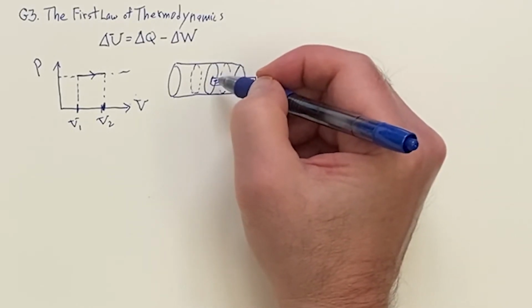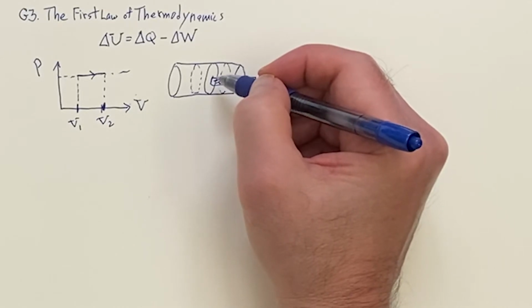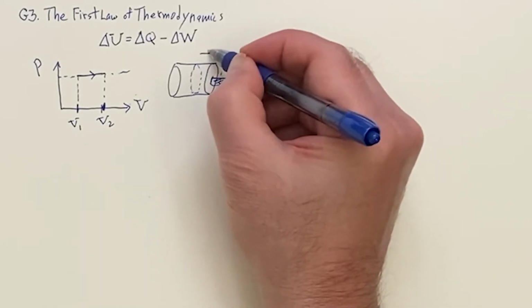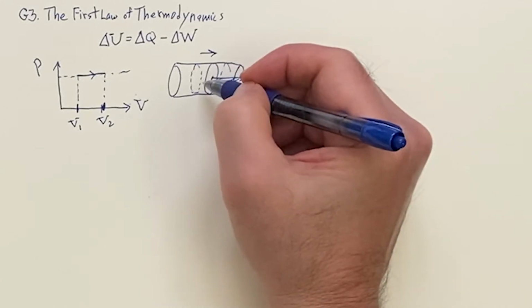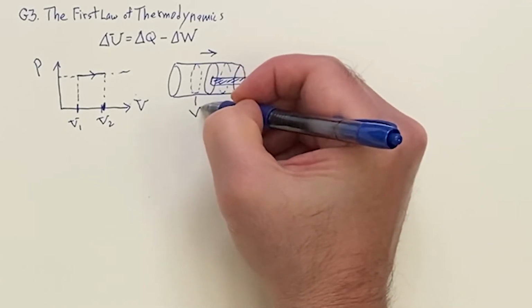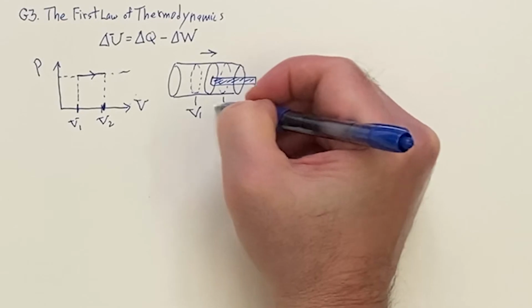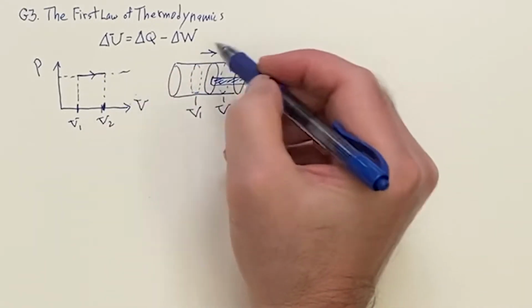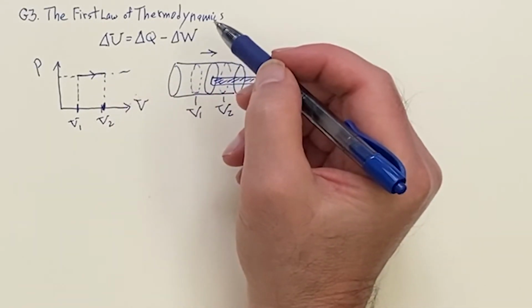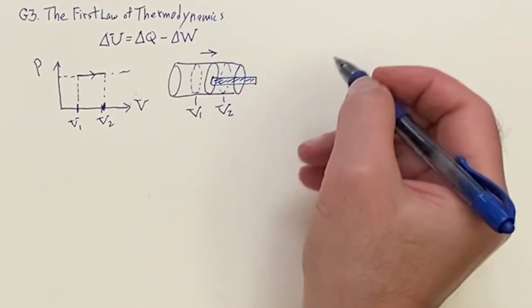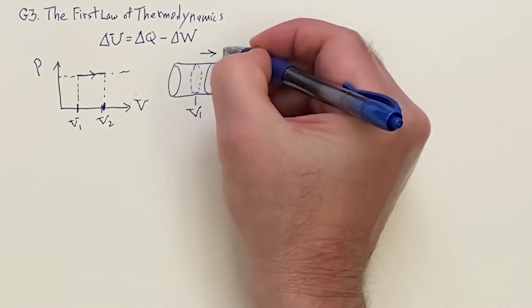Say the gas expands and goes from volume 1 to volume 2, due to the pressure P. That's the force.